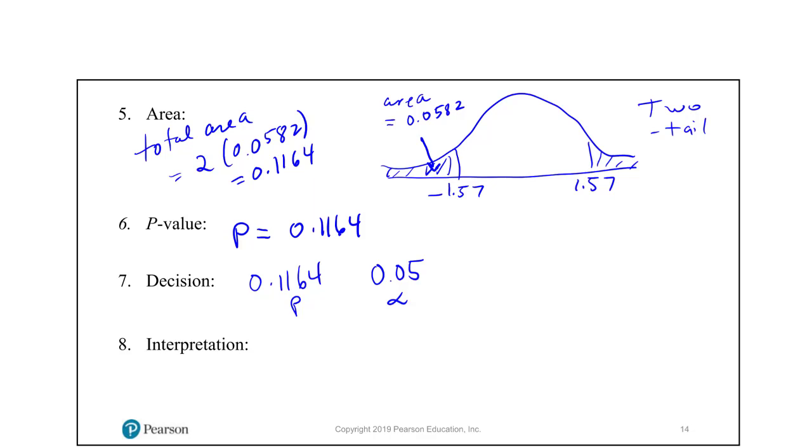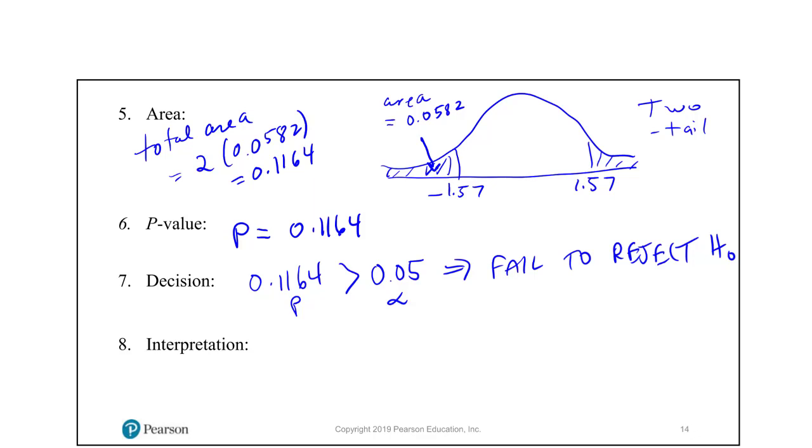Now 0.1164 is definitely greater than 0.05. So what does that mean? I had the p greater than alpha. That means I fail to reject H0. I only reject H0 if p is less than alpha. Here it was greater than alpha, so I fail to reject H0.